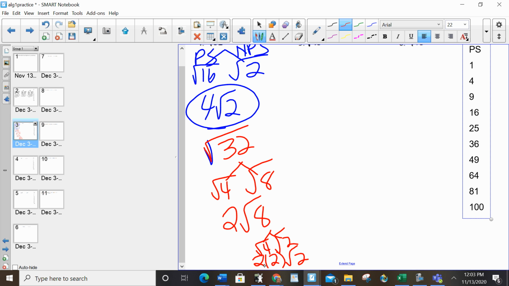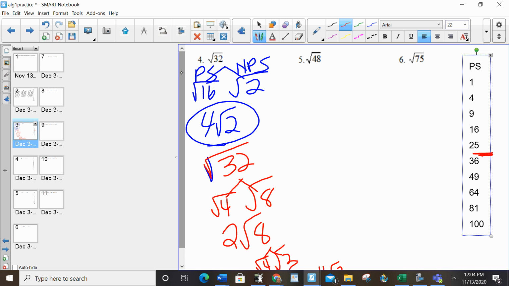I have to multiply them, and when I do, I end up with 4 rad 2. So it's not that you can't get the right answer if you started that way, but it's unlikely that you will. You always want to get the largest perfect square, which is why you always start higher up on the list and work your way down.